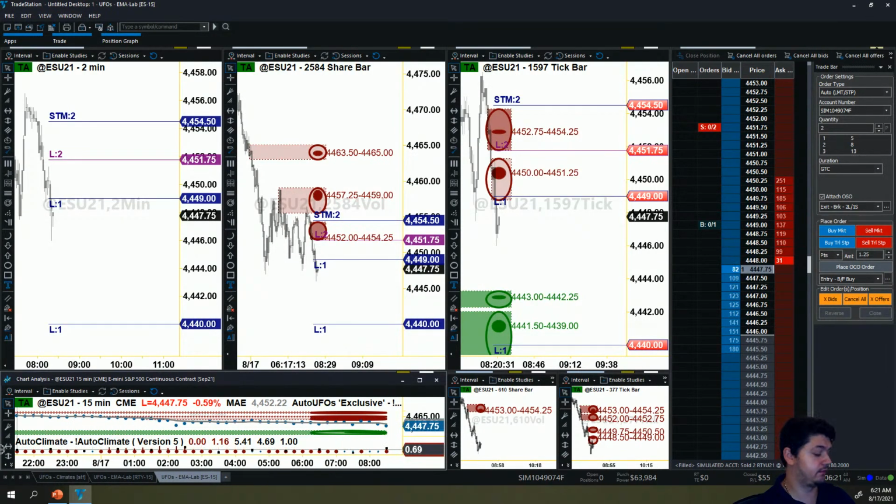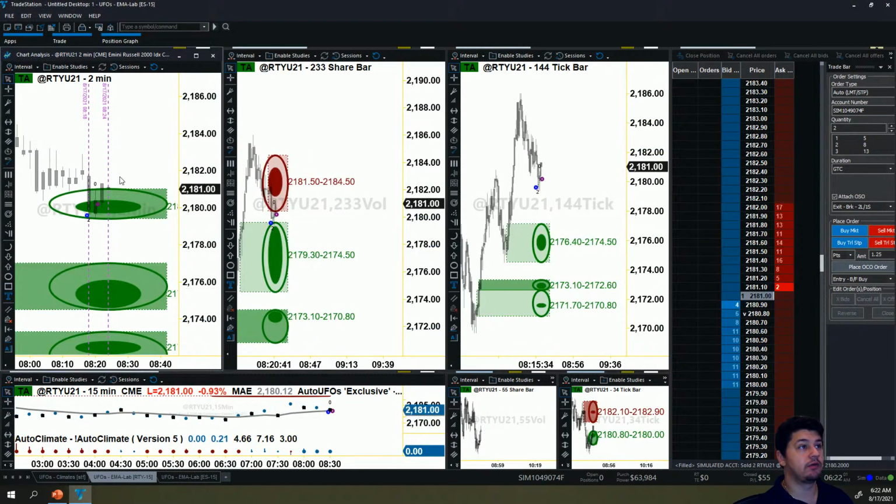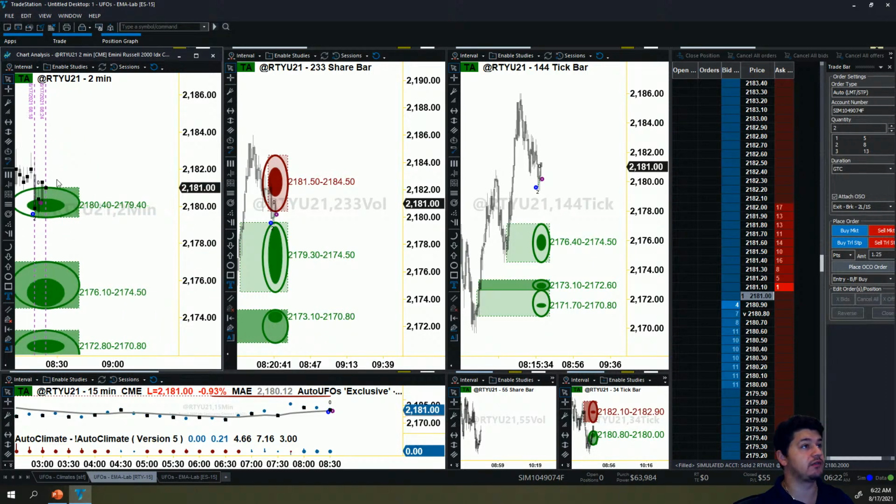All right. Let's see how we're looking here. There we go. We do have a new UFO that just formed right there, as I was saying.